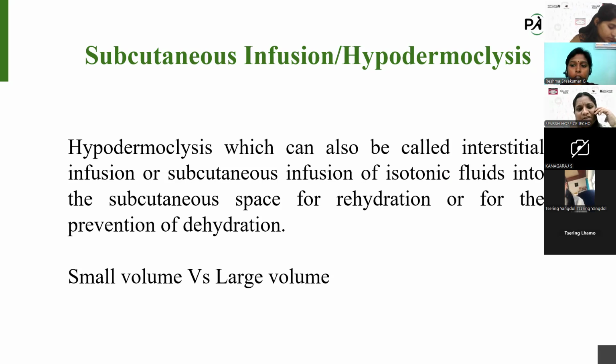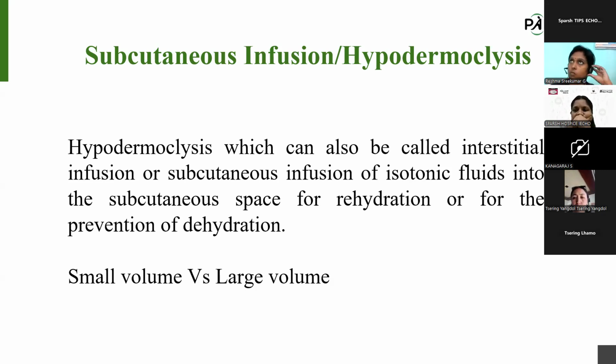Okay, what are the examples of isotonic fluids? What are the main isotonic fluids we are usually using in palliative care or for medical purposes? The main isotonic fluid that we are using is 0.9% normal saline. Dextrose is an isotonic fluid, and Ringer lactate.